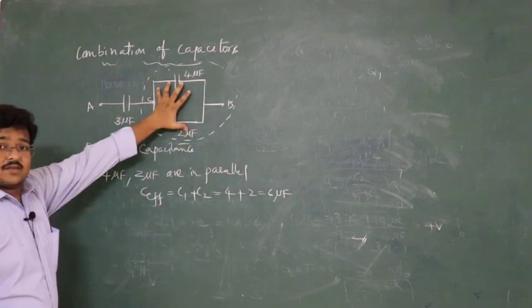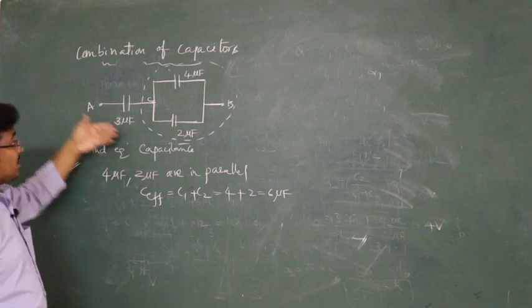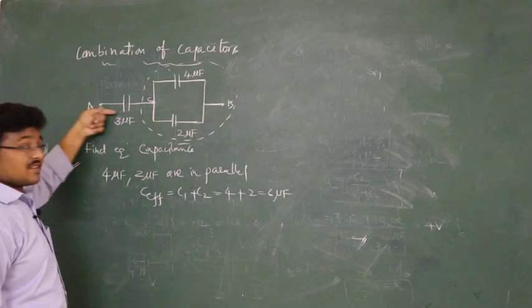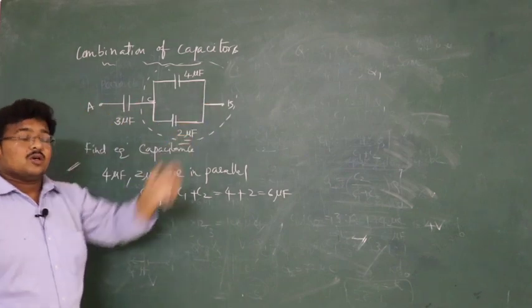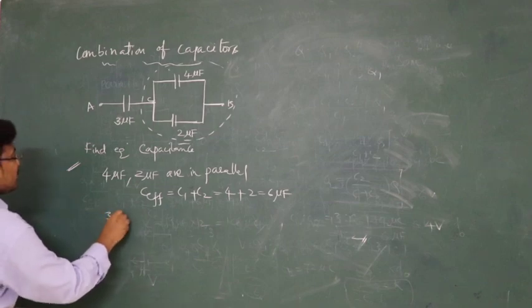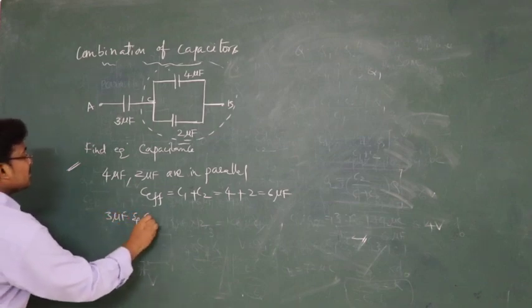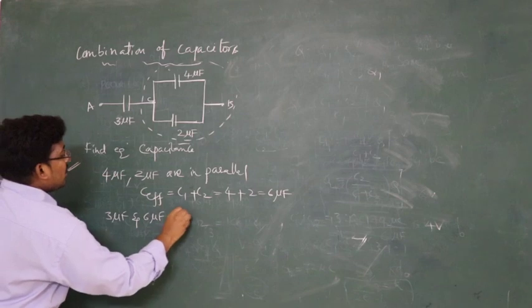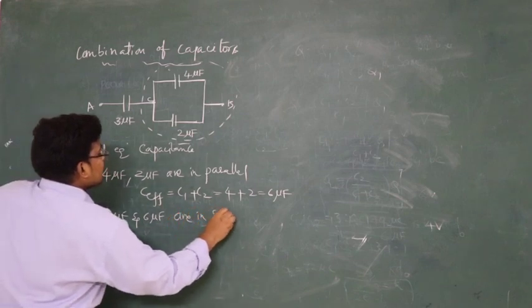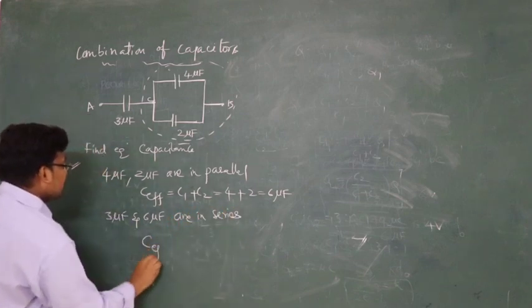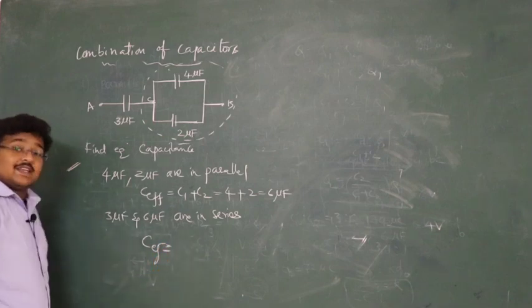Now that 6 and this 3 are in series, because it is the same branch: if current enters here, it has to pass through both. So the 3 microfarad and 6 microfarad are in series. Now what is the net equivalent? In series, what is the formula?